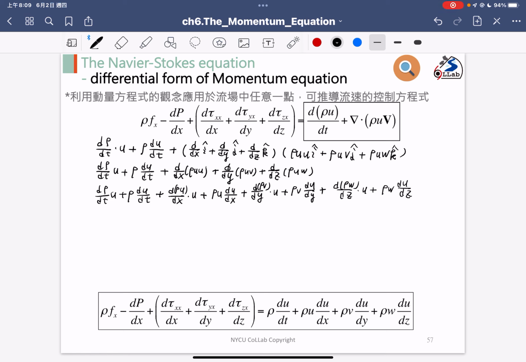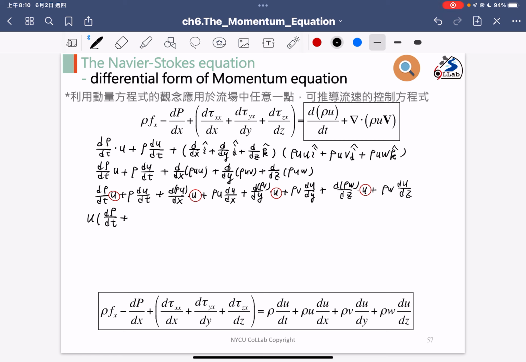Okay, so we just take a look. We combine all of the items related to u. So I take the u outside and combine all items related to u with dρ/dt, plus dρu/dx, plus dρv/dy, plus dρw/dz.